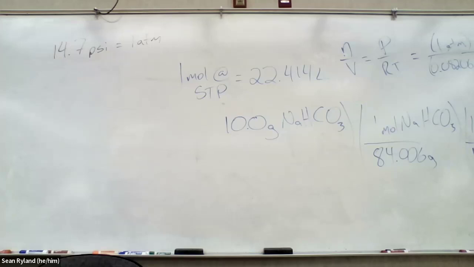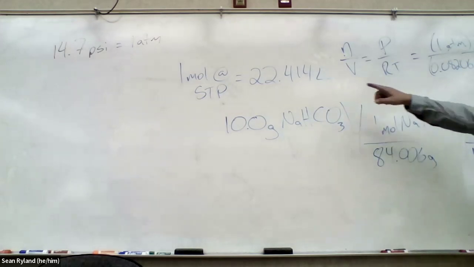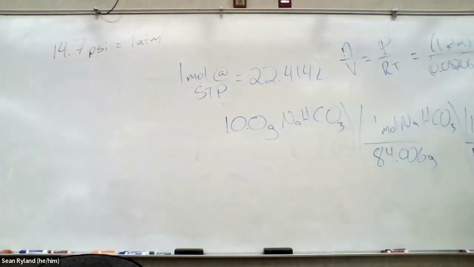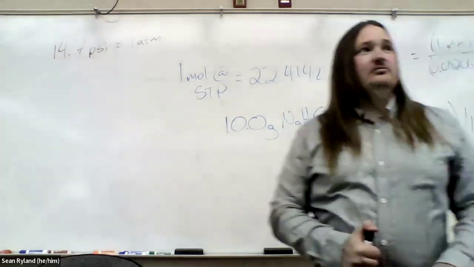Once we get to moles of CO2, if we want liters at STP, for every 1 mole of CO2 makes 22.414 liters of gas. So something like 3 liters, 2.5 liters, ish.